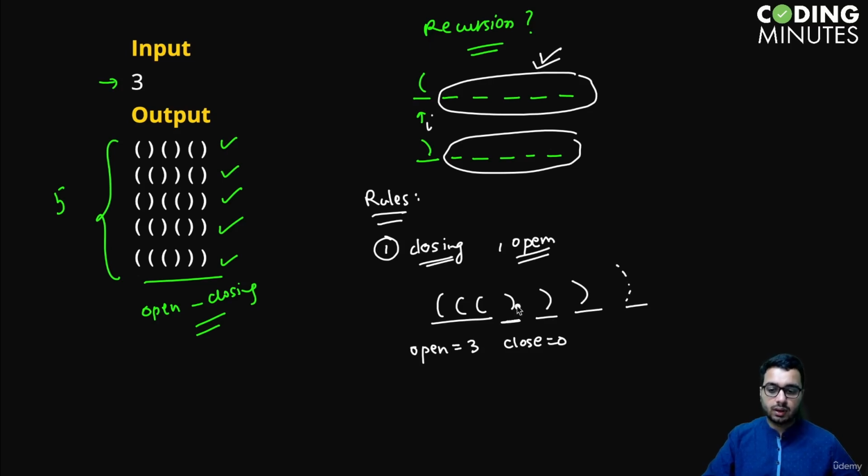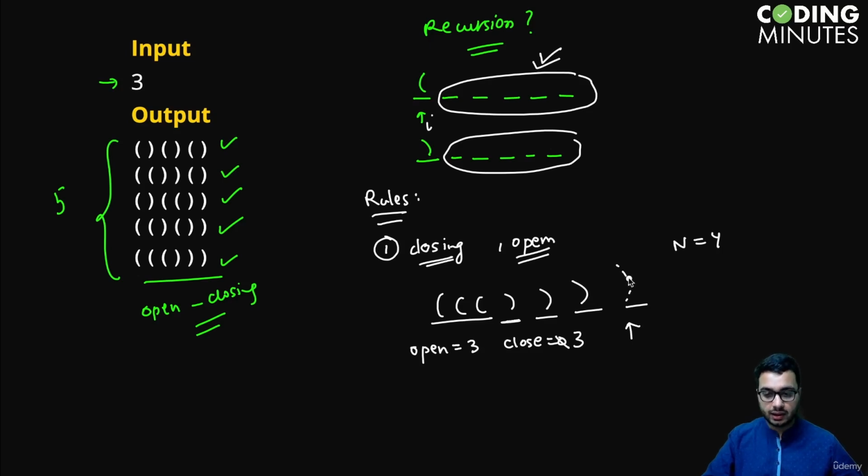The answer is no, because we had 3 opening and we had 3 closing till now, so we cannot put a closing bracket here. So let us say the value of n is 4, in that case we will not put a closing bracket here. Although we have both the options, putting a closing bracket does not follow the rule that closing should come after opening bracket. So this is wrong.